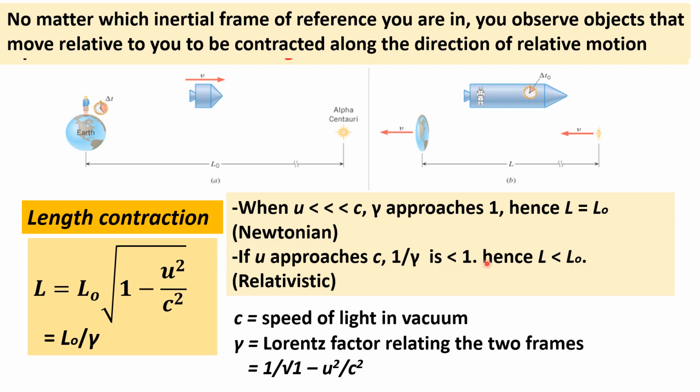And in this situation, we say that there is what we call a significant decrease in the length. In other words, the relativistic relationship is real.